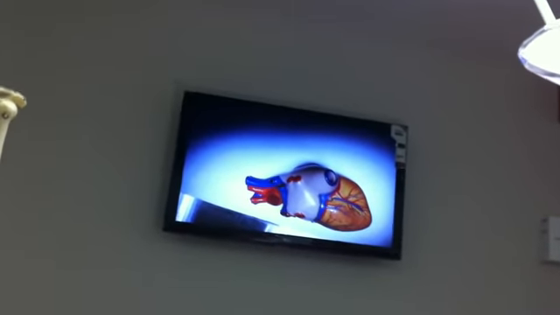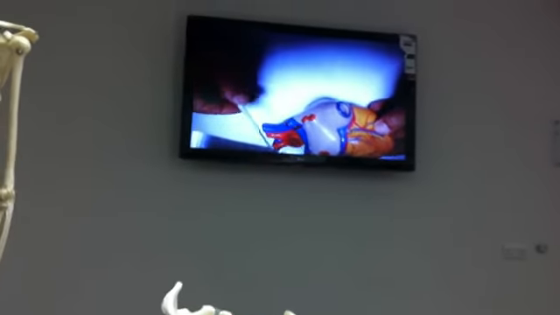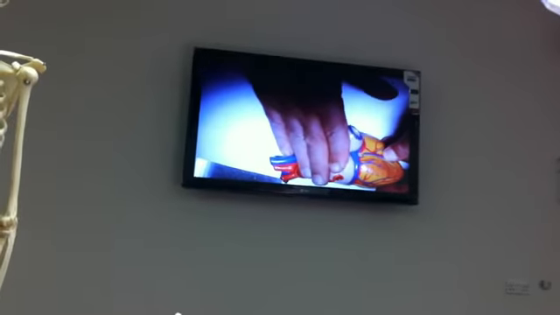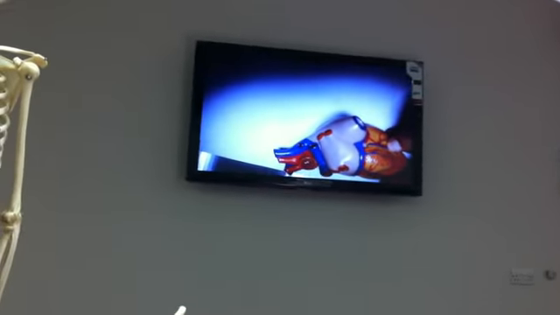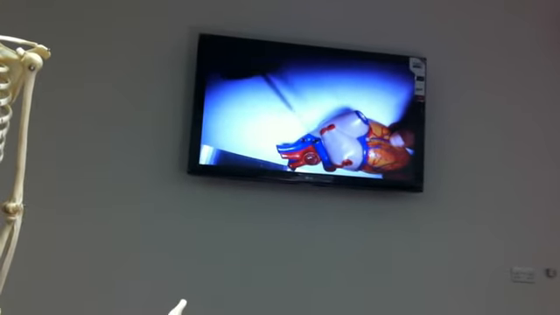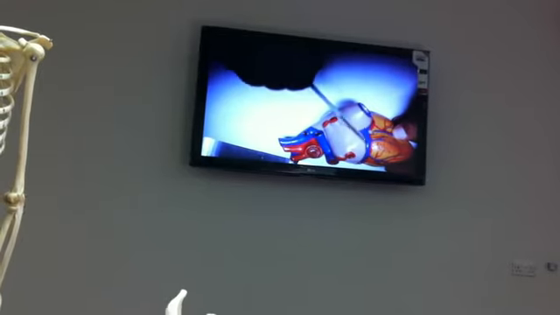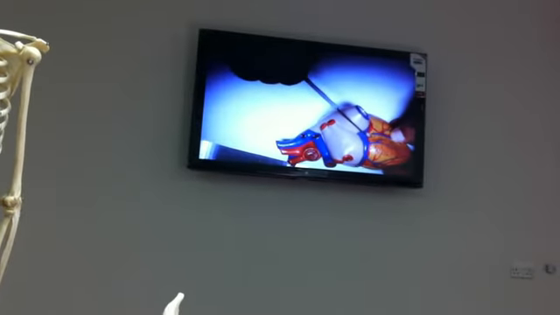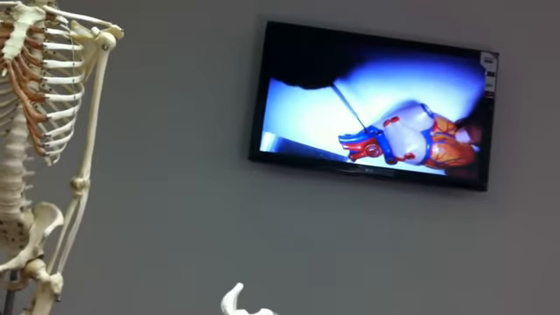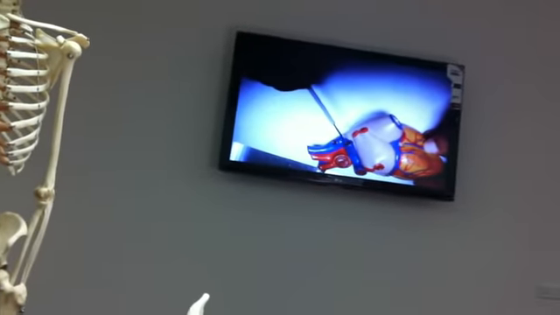Again, what you see here is the base of the heart. The left pulmonary vein. And this is called the coronary sinus. There is an artery here.